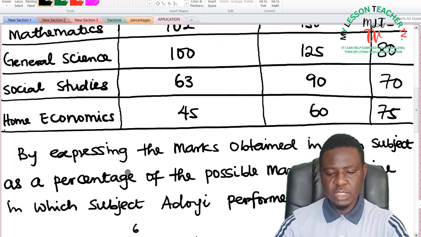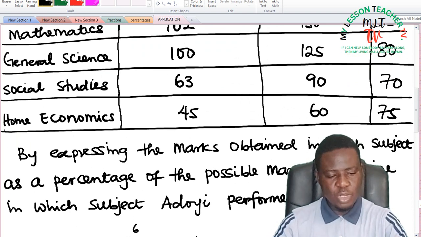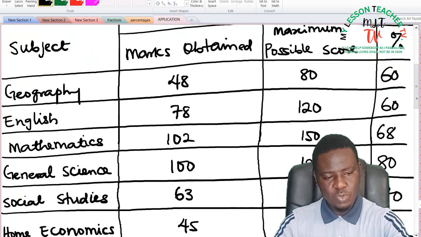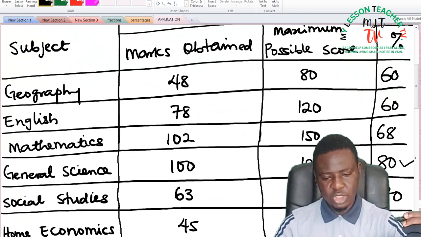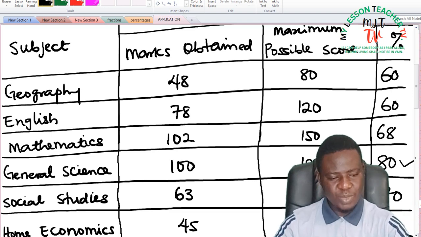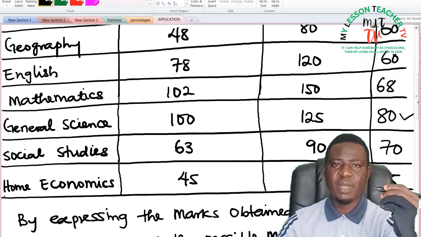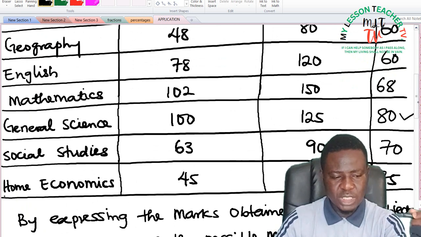Now the question says, by expressing the marks obtained in each subject as a percentage of the possible mark, we should determine in which subject Adoyi performed best. So when you look at them now, you will discover that he did better in general science. So he scored 80% in general science. Just like I said, you have to first of all express them as a percentage. That will inform you in which subject he did better.